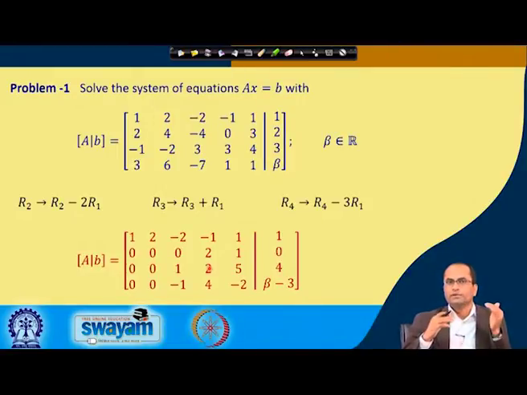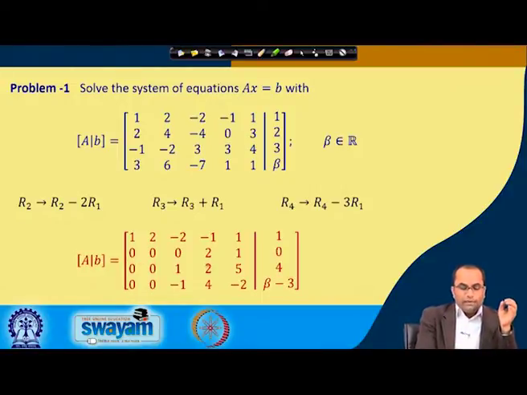So, with the help of equation 1 we remove the first variable x1 from equations 2, 3 and 4, then equation 2 will be used to remove x2 from equations 3 and 4, and equation 3 will then be used to remove x3 and so on.